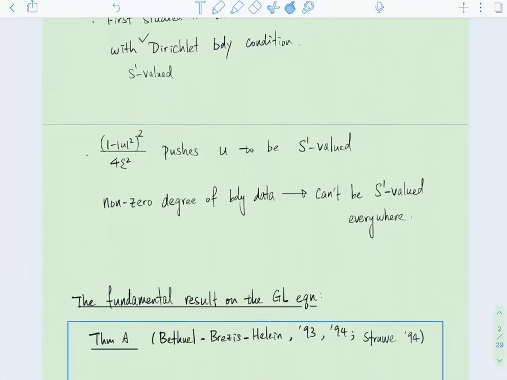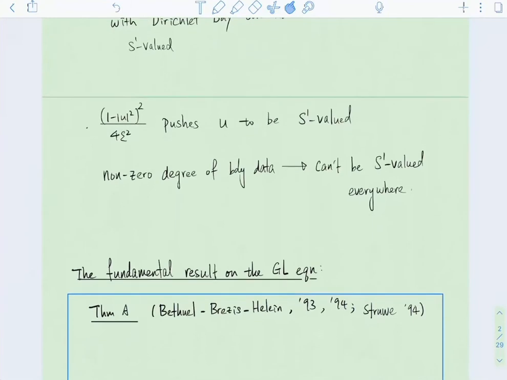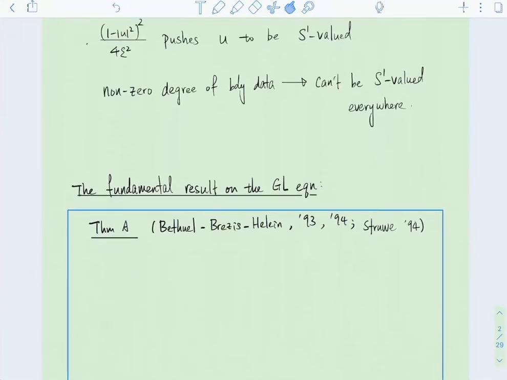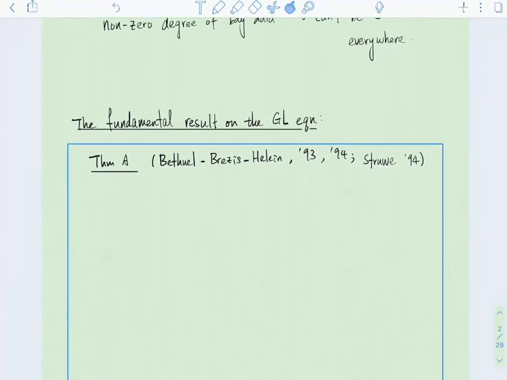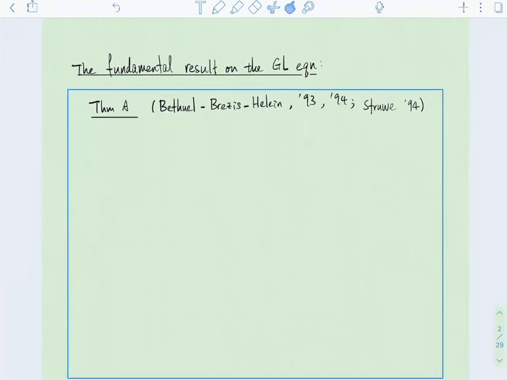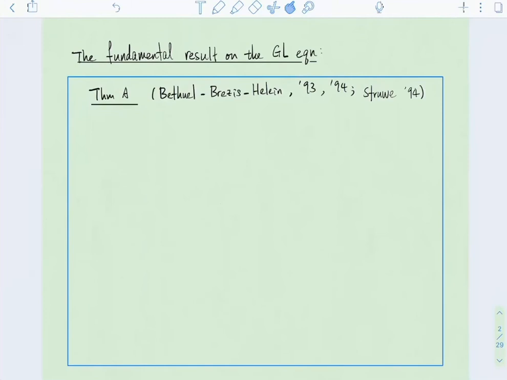The fundamental result on the asymptotics as epsilon goes to 0 was done in the early to mid 90s by Bethuel, Brezis, and Hélein. Their work spans multiple papers and a book. I'll just state one of the results they proved to give you a flavor. The version I'm stating is an improvement due to Struwe, and I'm not stating it in its full generality.